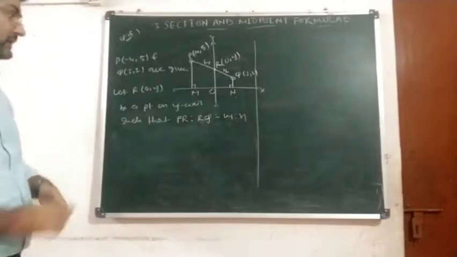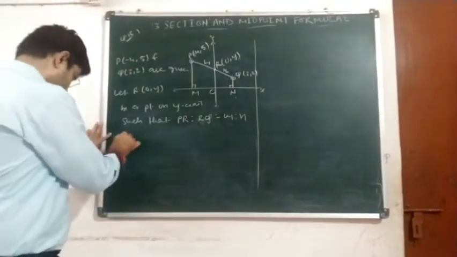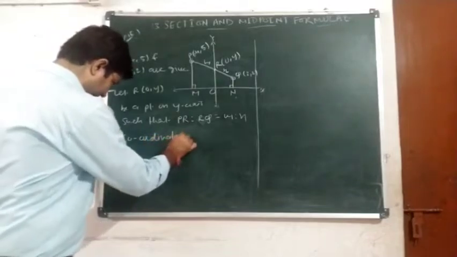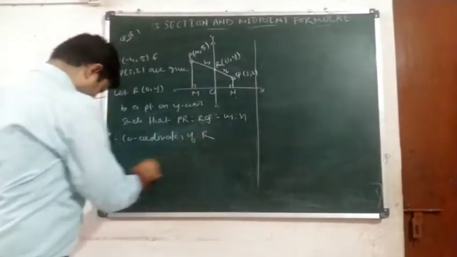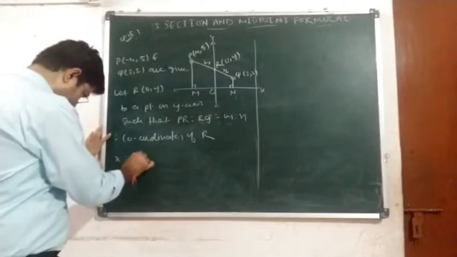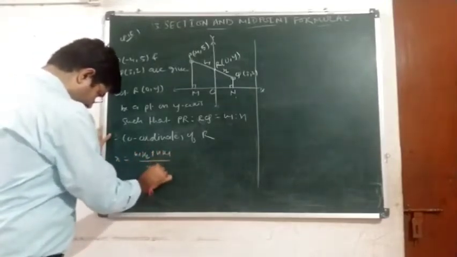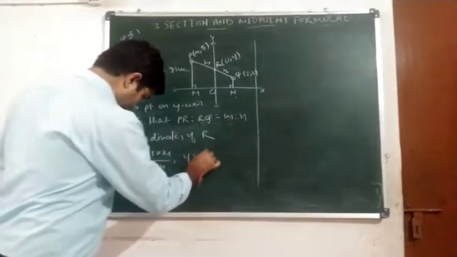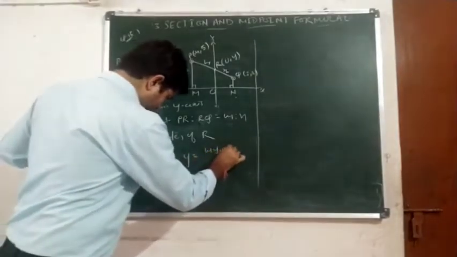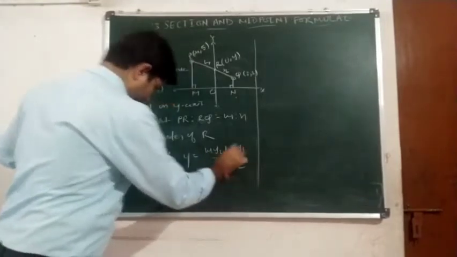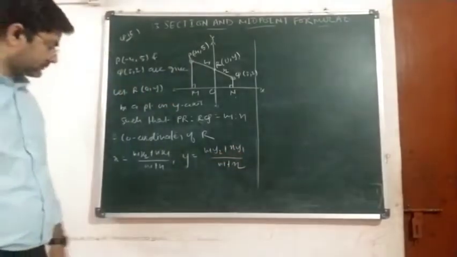Now we will use the section formula. Therefore, coordinates of R are given by x is equal to mx2 plus nx1 upon m plus n, and y is equal to my2 plus ny1 upon m plus n.